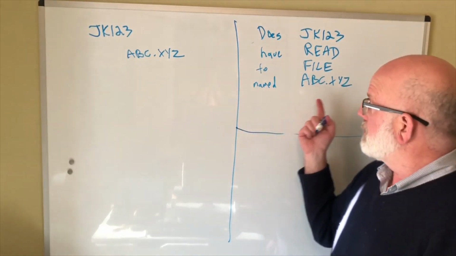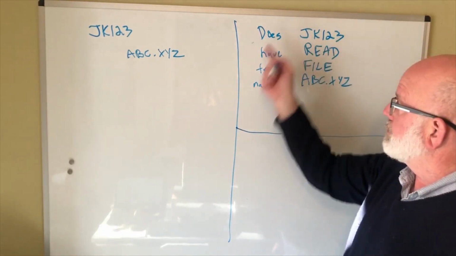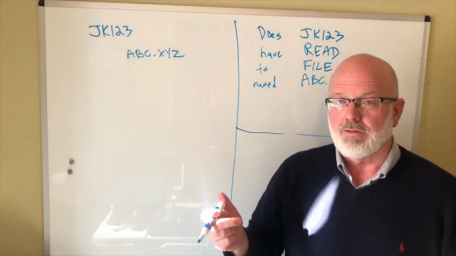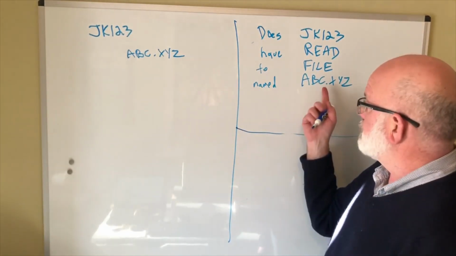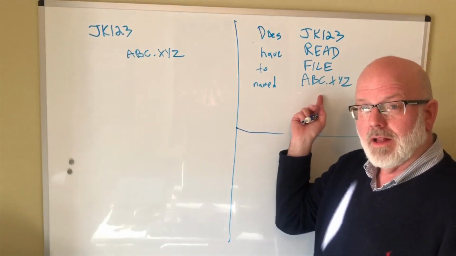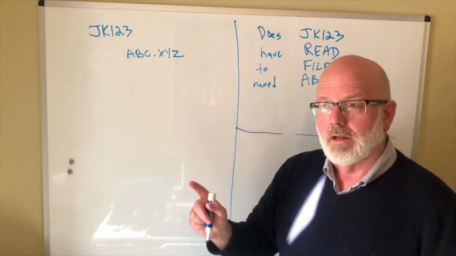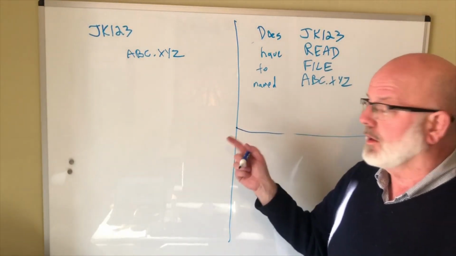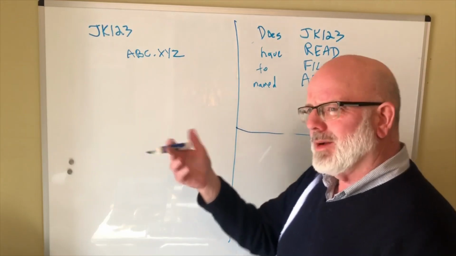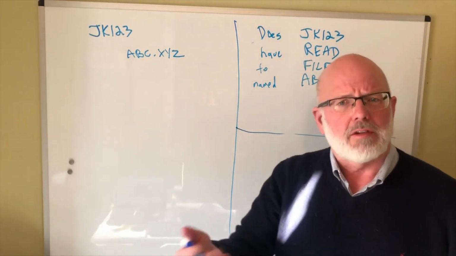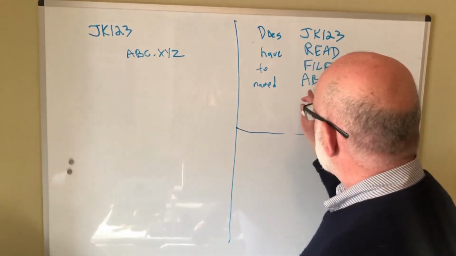Now when RACF gets this question in this format, the first thing it has to figure out is what is the name of the profile that protects this file? And there should be only one. There's exactly one profile that protects this. Now you might say, well, wait a minute, there could be several that match this name.